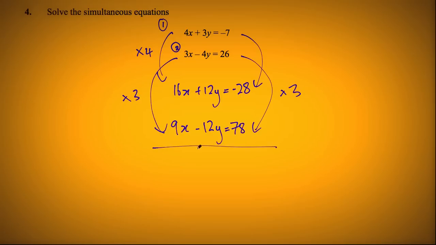Then I'm going to add these equations together, and that gives me 25x equals, because 12y added to minus 12y is 0, 78 minus 28 is 50, so x equals 2 when I divide both sides by 25.